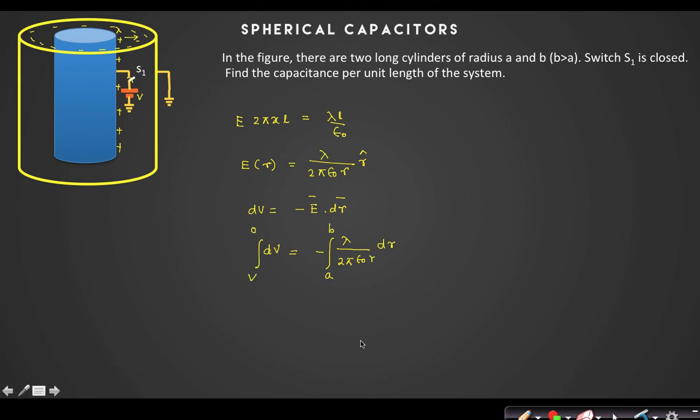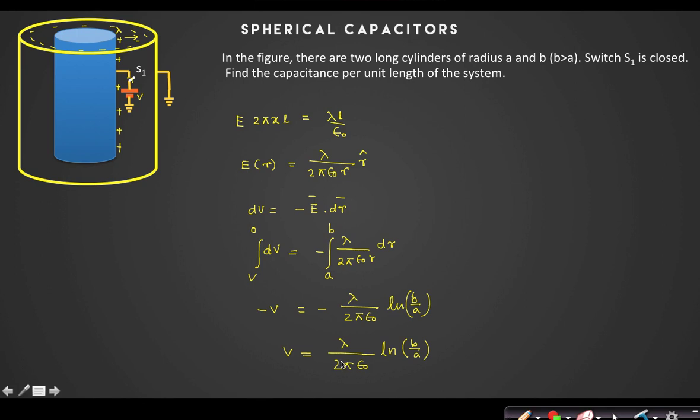So minus V is equal to minus lambda by 2 pi epsilon naught into the integral of dr by r, which is ln B by A. So the potential is lambda by 2 pi epsilon naught into ln of B by A.